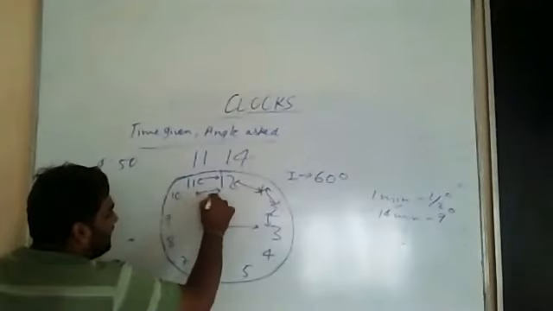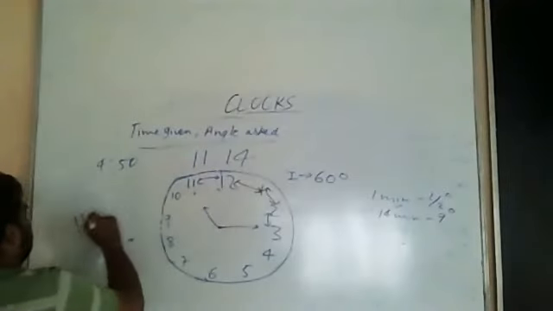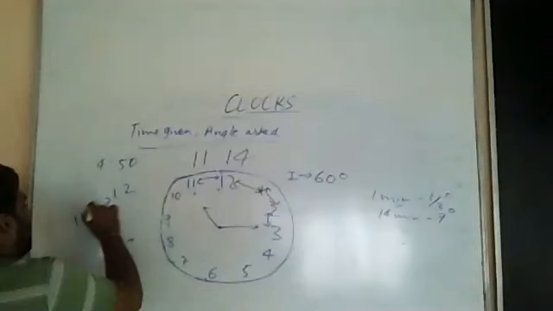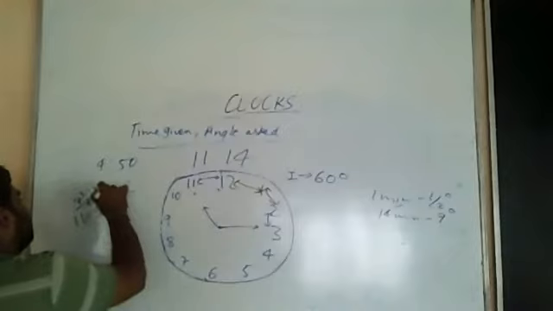That means this gap between 11 and 12 is totally 30 degrees, in which 7 degrees is covered, which means another 23 degrees is yet to be covered.